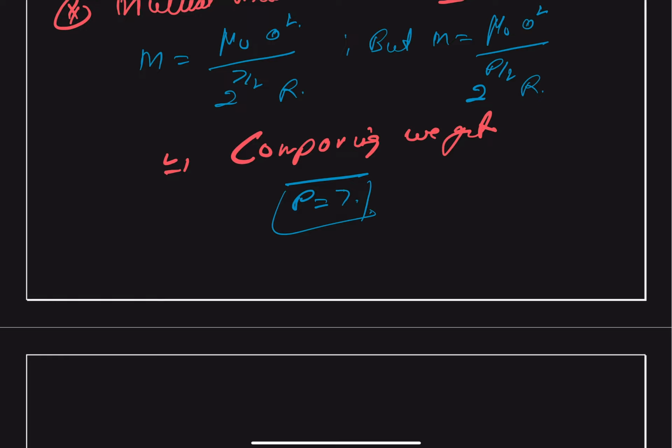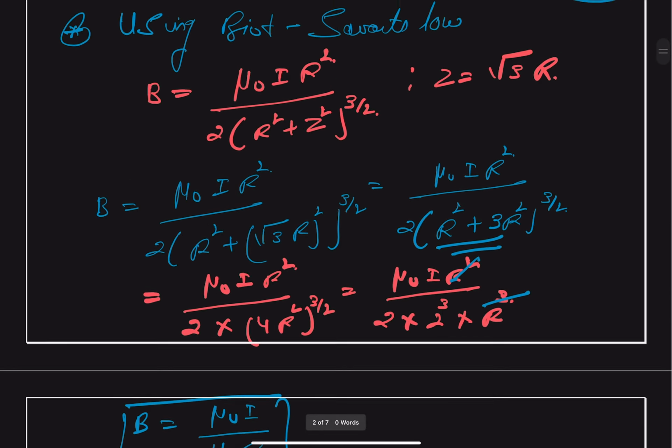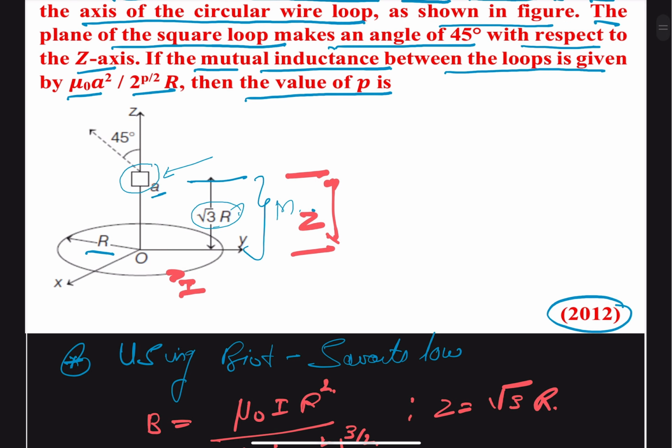So we were supposed to find out the value of P, and this value of P is equal to 7.